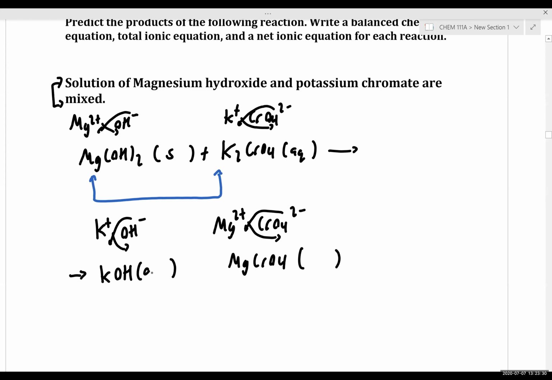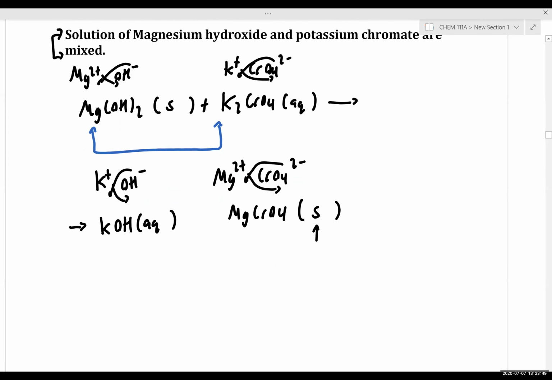Soluble, yep, so it gets the aqueous symbol. Magnesium chromate, is magnesium chromate soluble or insoluble? Insoluble. Chromate salts, just like most carbonates and hydroxides, are insoluble.